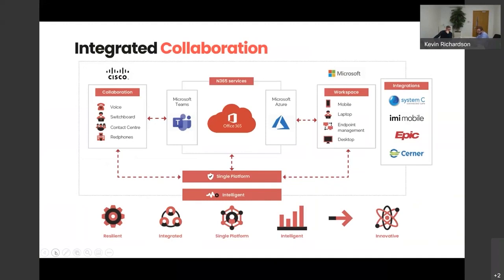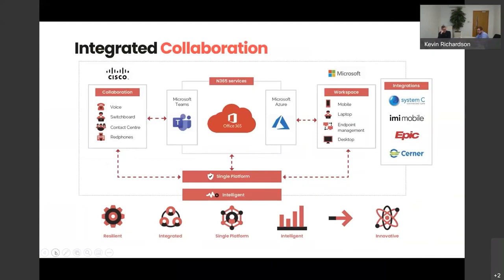And we talk about intelligence. Intelligence comes in different forms as you bring the collaboration services into the cloud. We spoke before about better data points and artificial intelligence. The data points can come from the services themselves, with enhanced reporting capabilities from the collaboration services, looking at simple things like device registration, calls being made, and the quality of those calls and services, where previously, running it in traditional ways, there was a level of unknown.